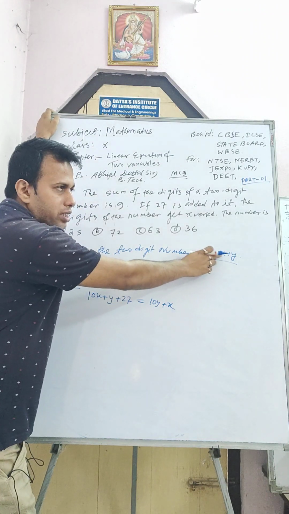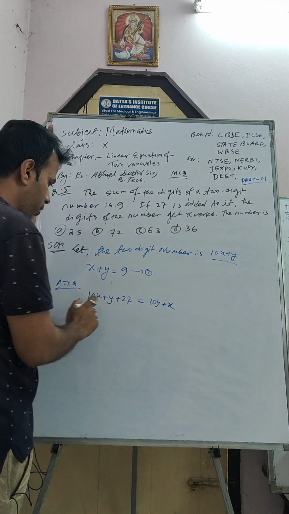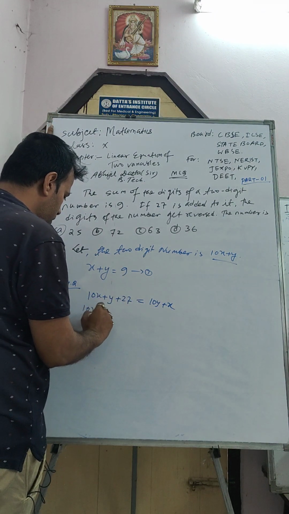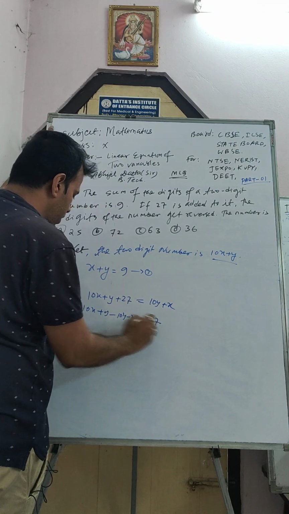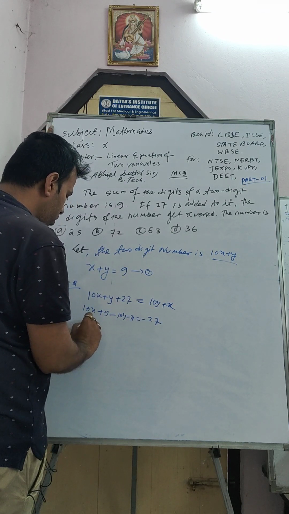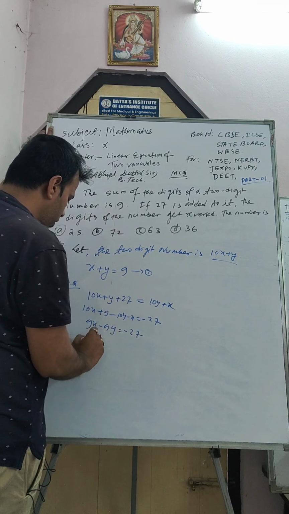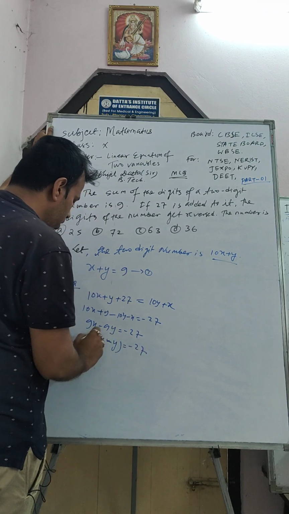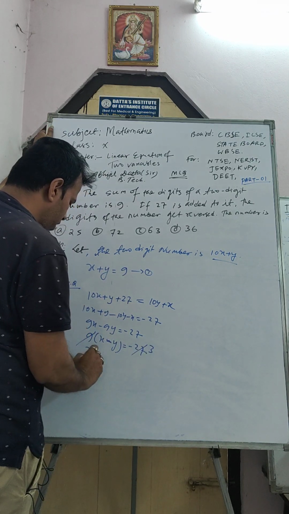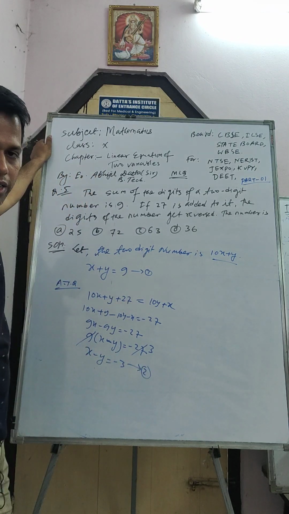Here is 10x plus y, here will be 10y plus x. So from that we form another equation, that is 10x plus y minus 10y minus x equal to minus 27. So it will be 9x minus 9y equal to minus 27. So if I take 9 common, it will be x minus y equal to minus 27 by 9, that is 3. So x minus y equal to minus 3. It will be equation 2. Okay, got my point?